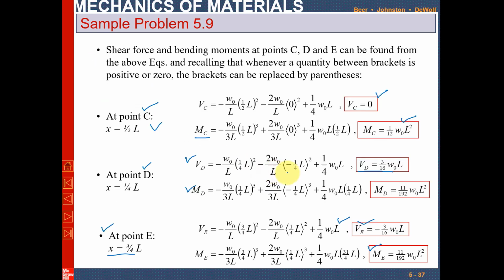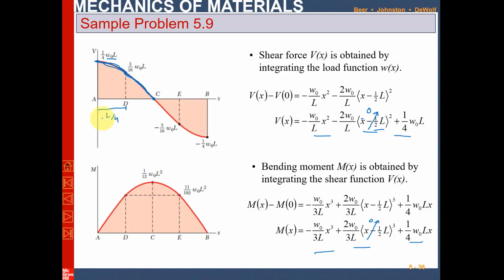Similarly, at point E, this is minus 3 over 16 W naught into L, so again this will be minus 3 over 16, and you have to locate this. And at point B, the shear force will be the same as the 1 over 4 W naught. So you have to join them, and this will be a second degree curve or parabolic.